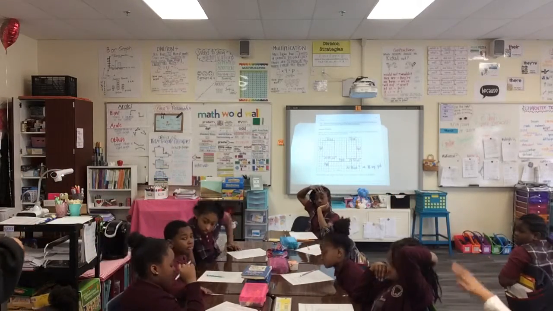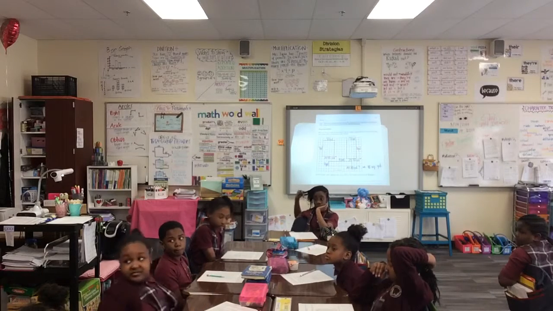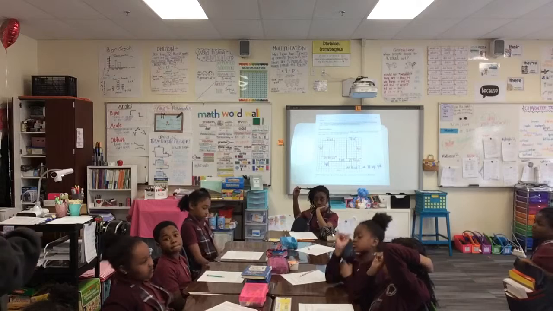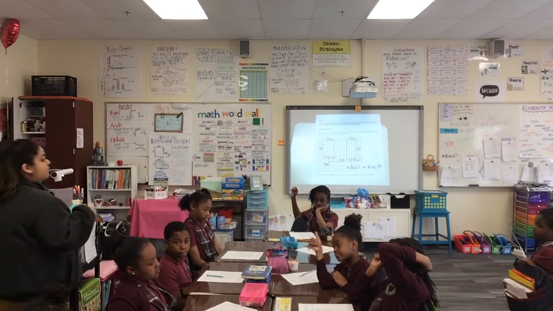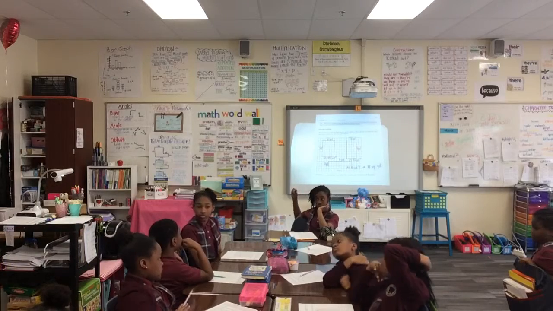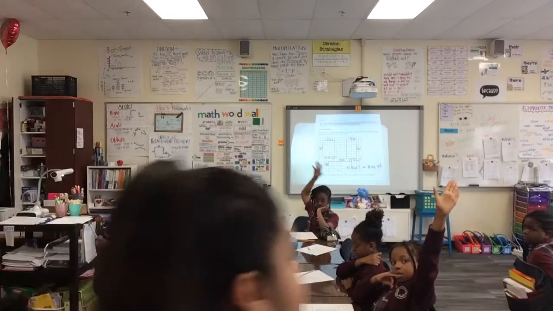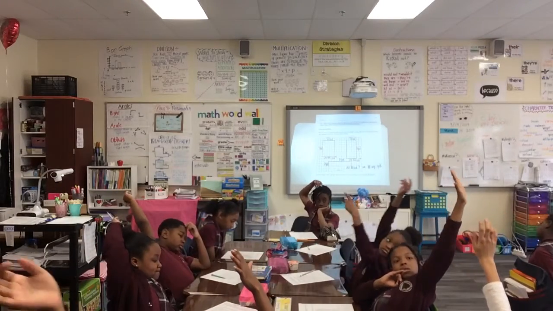We know that he had 24 yards of fencing. Is the 24 the total space? No. What is the 24? Miley just said it's fencing. What does that mean? What does that mean, Mackenzie?